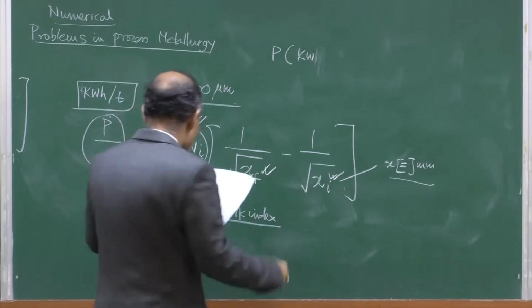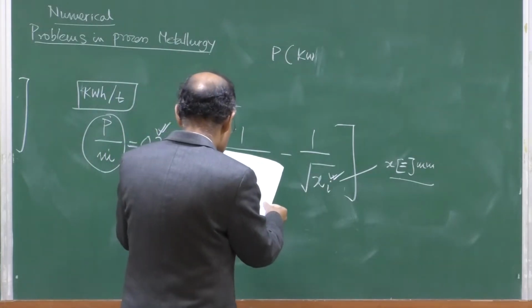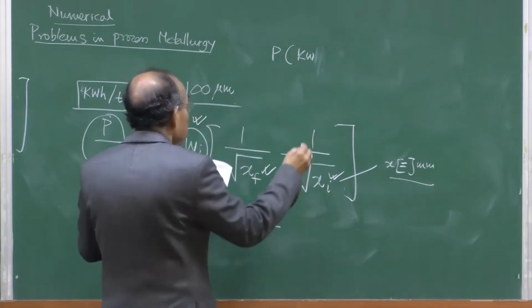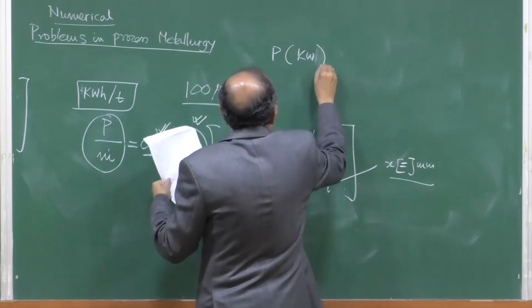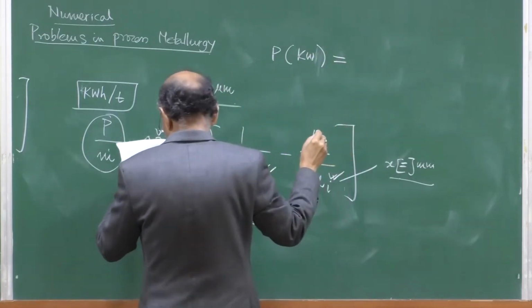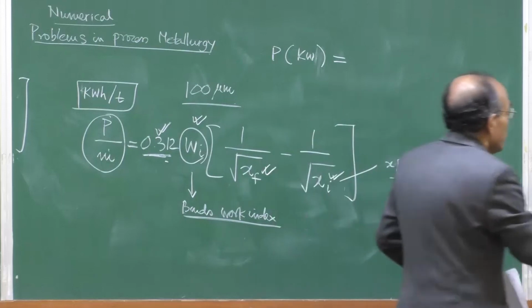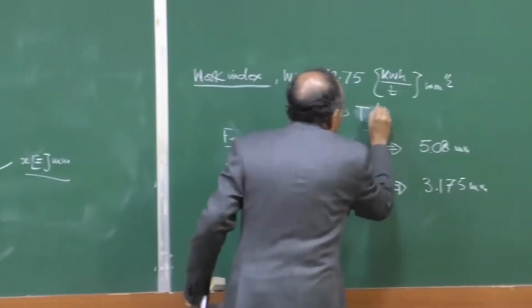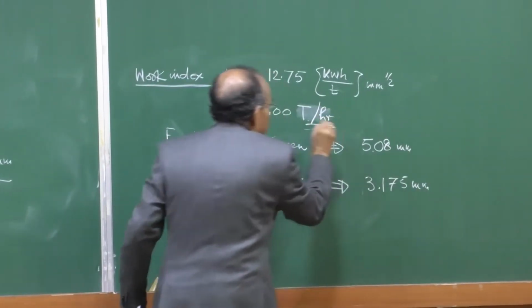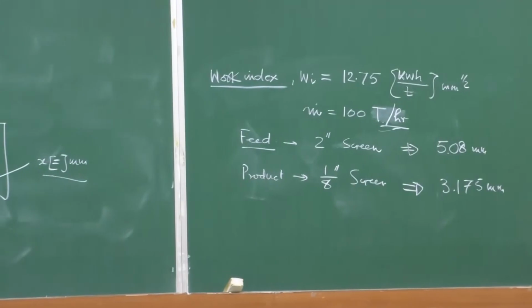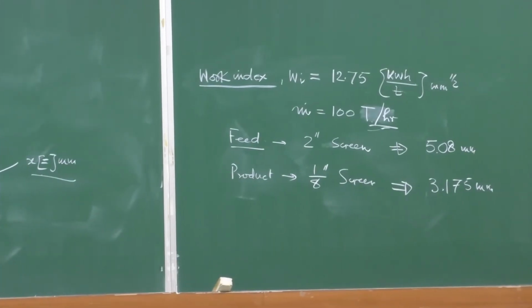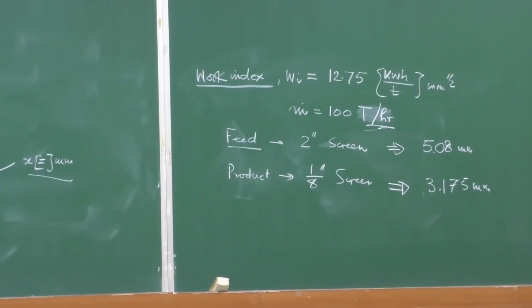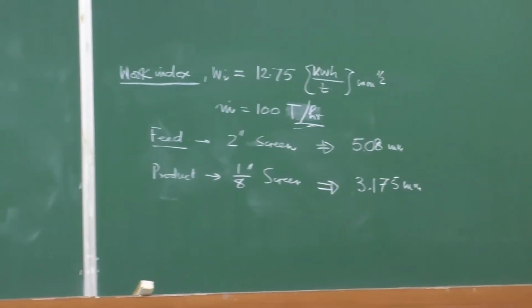So, therefore, we will say this is going to be equal to, feed is tons per hour, that is the correction, okay. Otherwise, I have to put in a factor of 24 hours and day conversion.